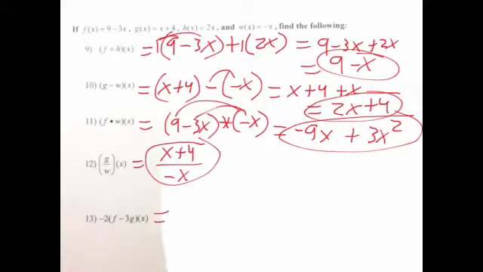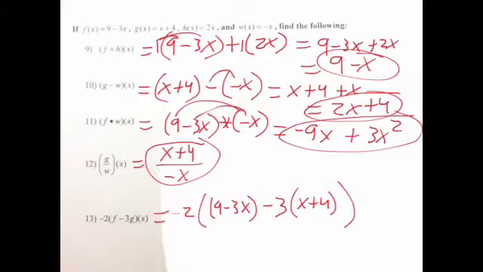And the next part, we need to do negative 2 times what f is, which is 9 minus 3x. And we need to subtract 3 times what g is, which is x plus 4. So that's what we're looking at there.